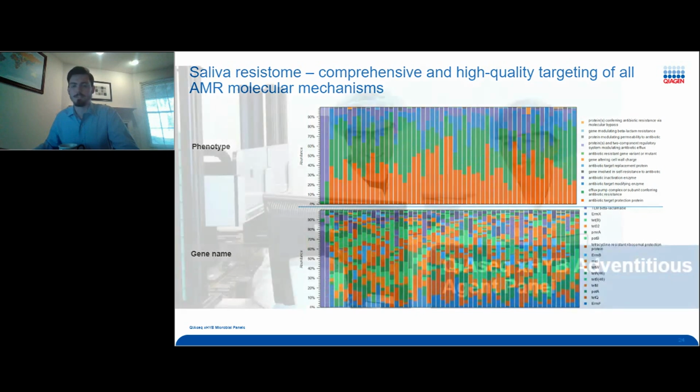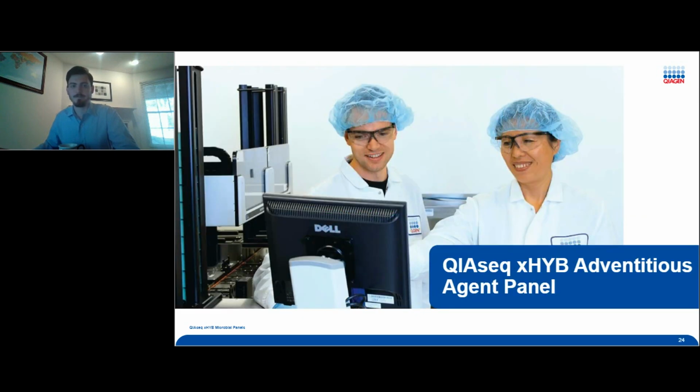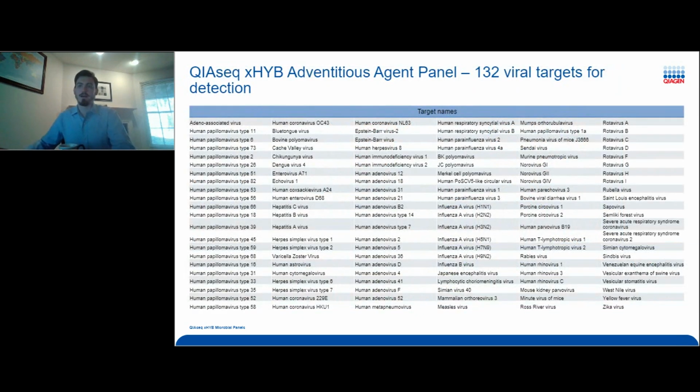Moving on to our adventitious agent panel. Again, the actual list of the content of these panels is available on the product page and can be provided to you. But just to highlight a few different things in this adventitious agent panel, we have adeno-associated viruses, we have hepatitis A, B, and C, Epstein-Barr virus, norovirus, somewhere in here is varicella zoster.